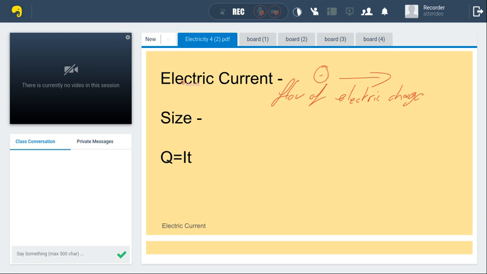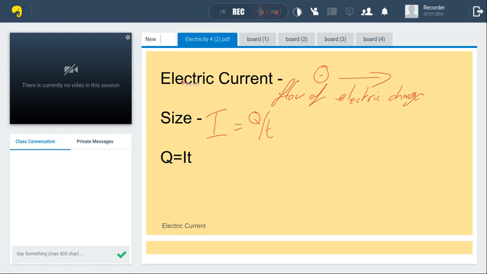It has a size, and its value here is given as I, that's current. Electric current would be charge passing a particular point, and it's a rate. So it is the amount of charge passing a point per unit time, t.